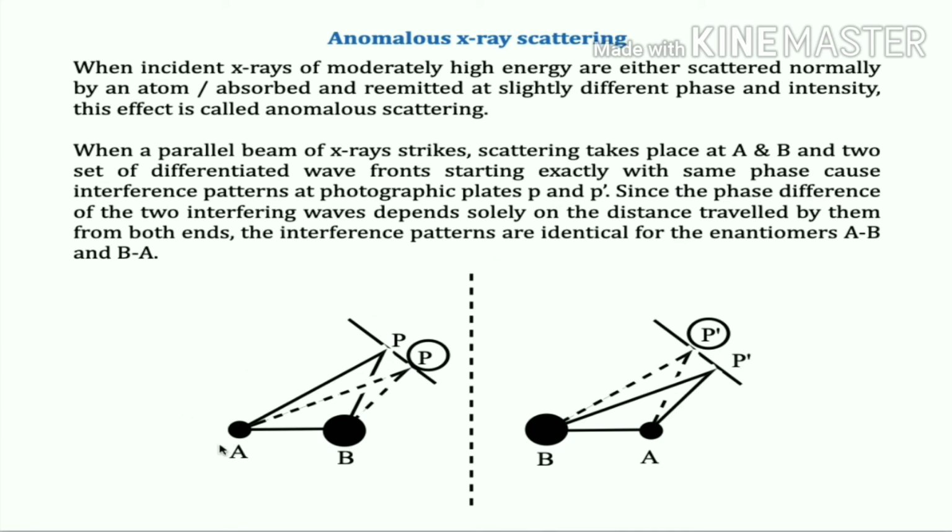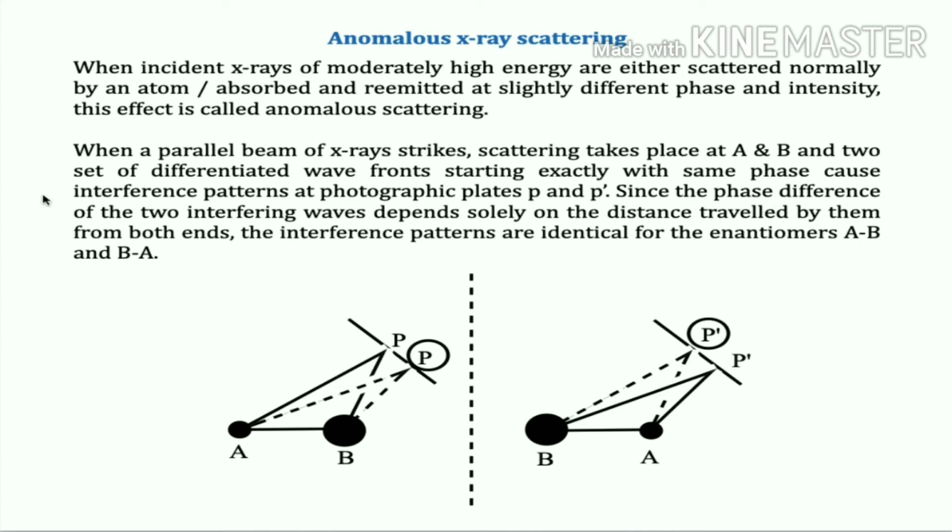I have taken enantiomers. Whenever a parallel beam of X-rays strikes them, the two sets of differentiated waves from A and B travel with the same phase and form an interference pattern on the photographic plate.